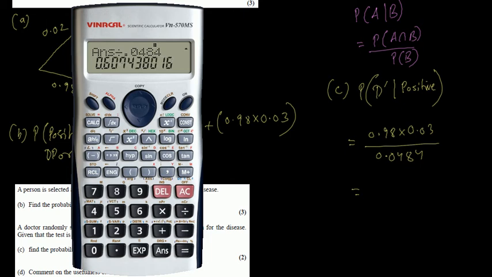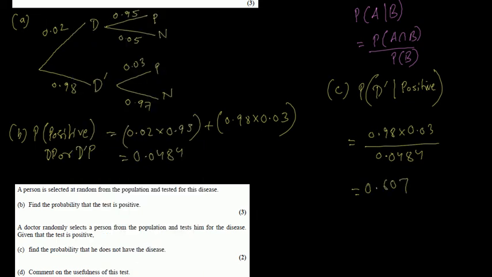So this would be 0.6074. That's pretty high. 0.6074 means 60.7%. So that means given that the test result is positive, the probability that he does not have the disease is 60%.